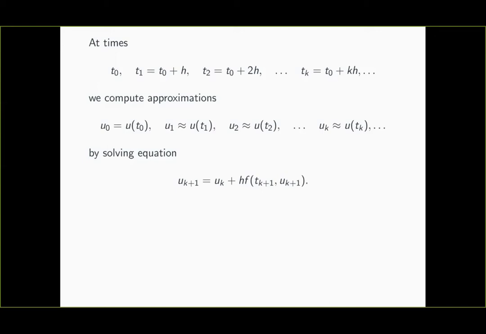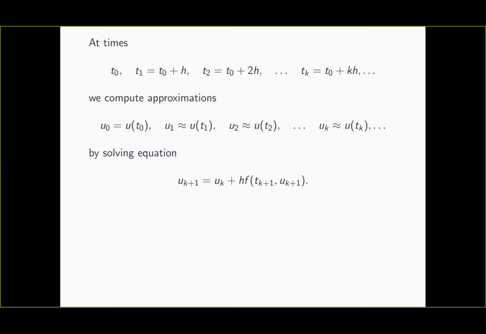You approximate u at each of those discrete time steps. For example, at time t0, we already know the exact value of u from the initial condition u0. We compute an approximation u1 of u at time t1, an approximation u2 of u at time t2, etc. And generally, we compute an approximation uk of u at time tk.